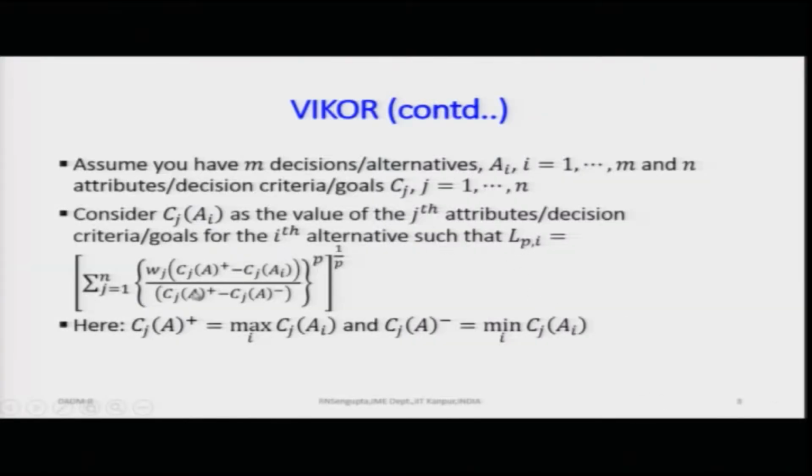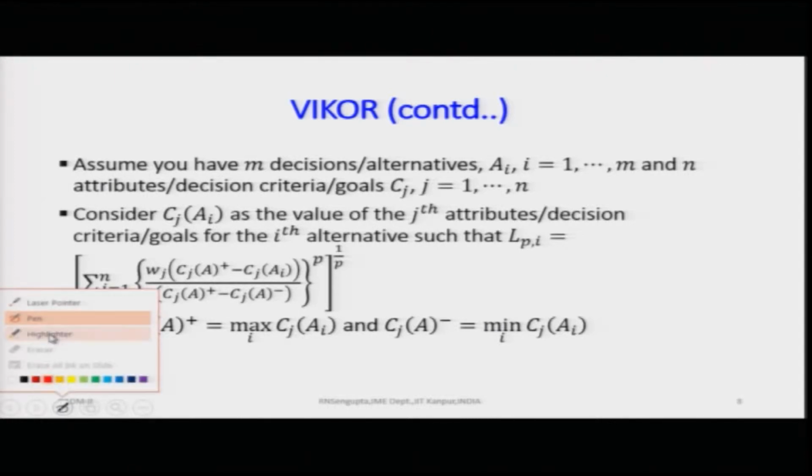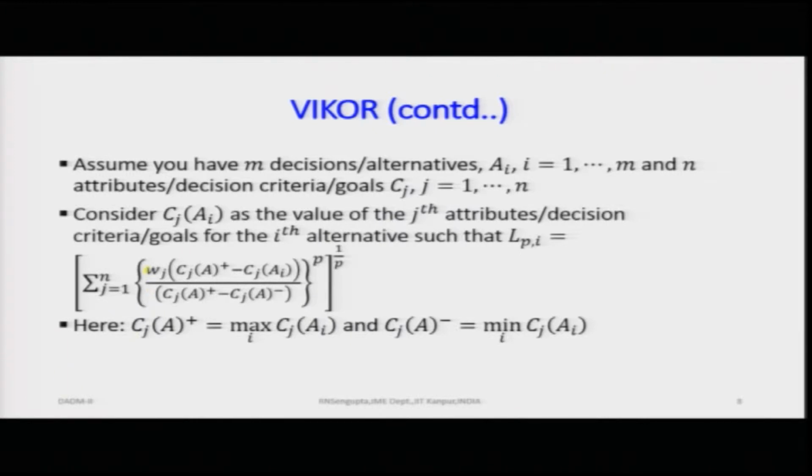The criteria will have a weight, which I have already discussed. If I am repeating, please bear with me. We will consider the weights Wj, j equal to 1 to n, and we will have the corresponding values.